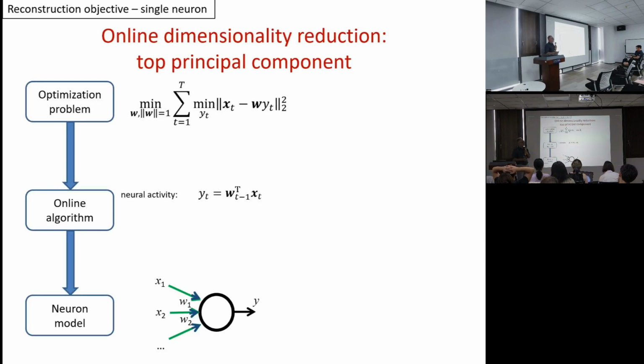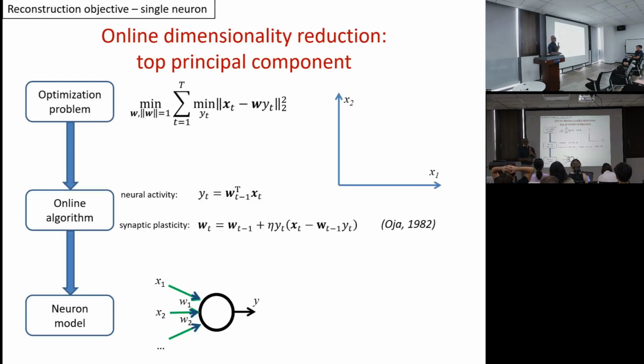That's what Oja figured out in 1982. He basically said, if you have this learning rule where you adjust the synaptic weight based on the reconstruction error times y, the output of the neuron, and eta is the learning rate, then W will be the top eigenvector of the covariance. Where does this come from?